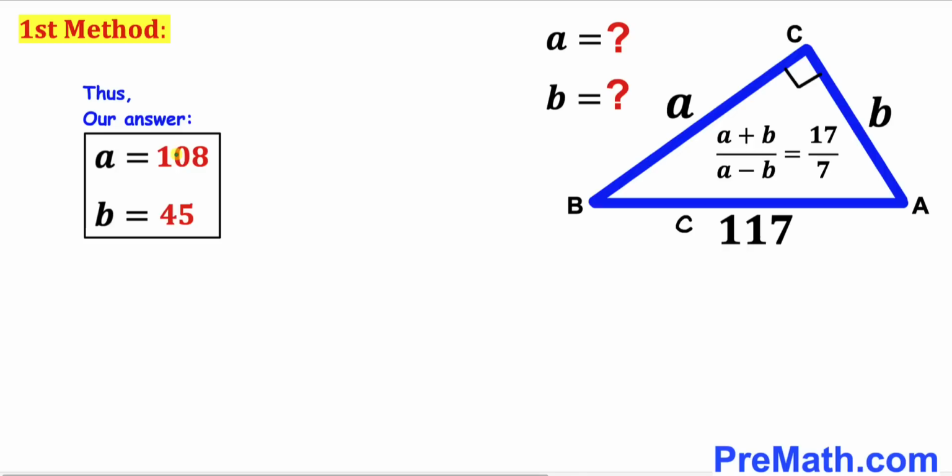Thus a is 108 and b is 45 by using the very first method.